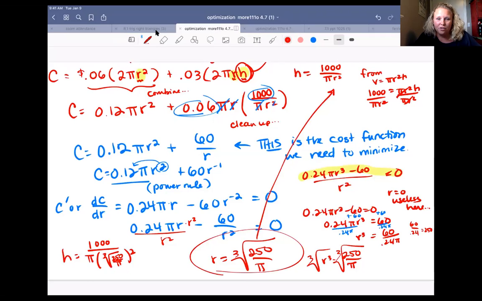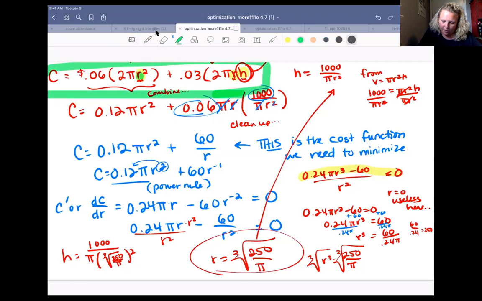And if it wanted you to give the minimum cost, then that meant that cost equation that we had here, you would just plug the radius and the height back into it as exact as possible and give the cost to the nearest cent. But it's real heavy algebra.